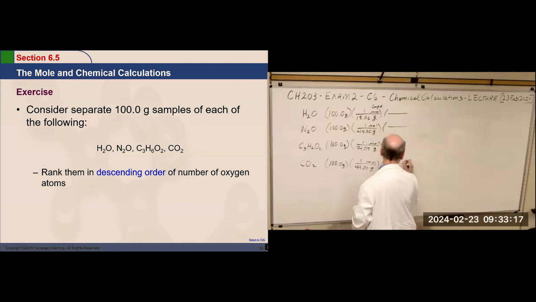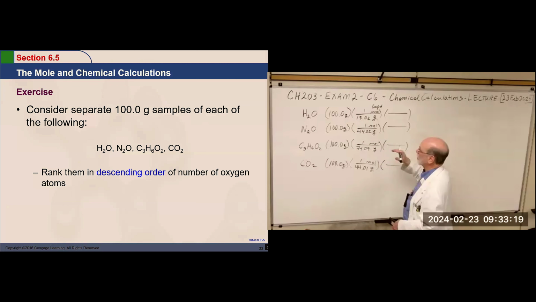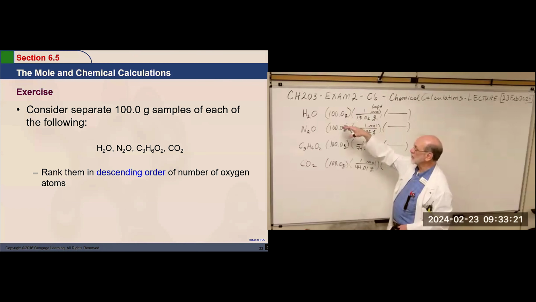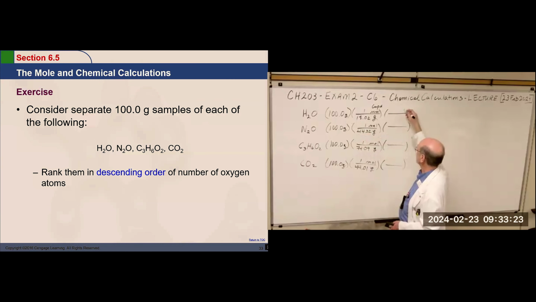For this one, we need the ratio of the number of oxygen atoms per molecule. So this is going to be moles of oxygen per mole of compound, right?